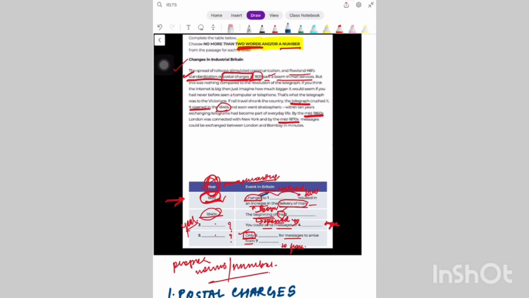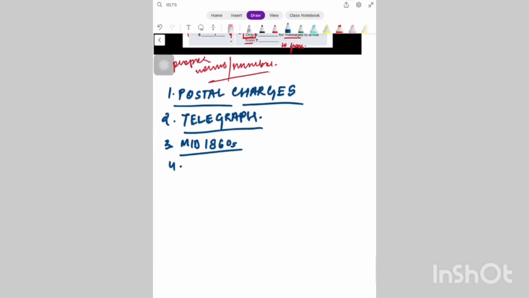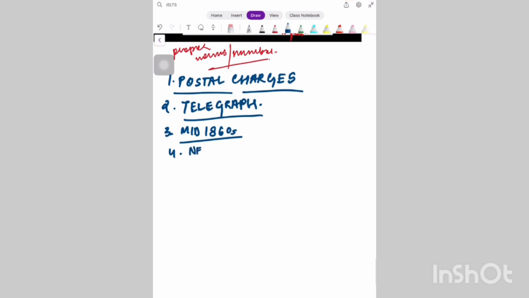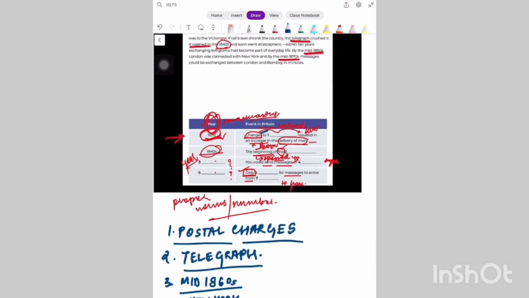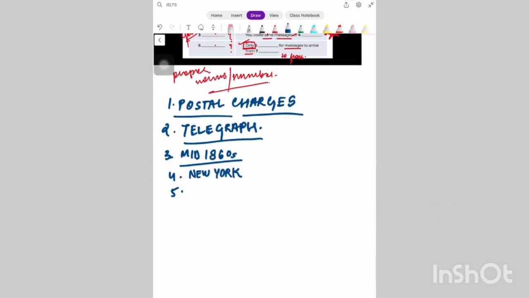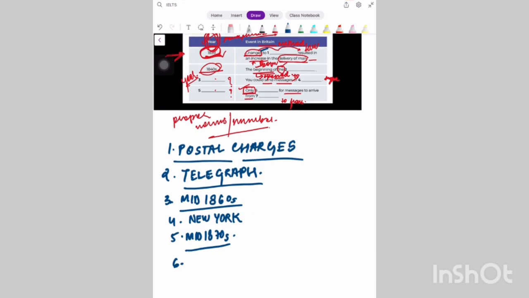So in mid 1860s, London was connected with New York. So you could send messages to New York. Fifth is in what year you could only dash for messages to arrive from dash. So in the year mid 1870s, only dash for messages to arrive from dash.